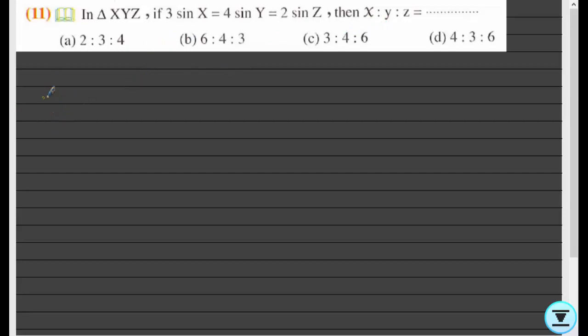Again, we know that x over sine X equals y over sine Y equals z over sine Z. But here we have 3 sine X equals 4 sine Y equals 2 sine Z. Now dividing the three terms by 12. 12 is the lowest common multiple, LCM, of the three numbers 3, 4, and 2.